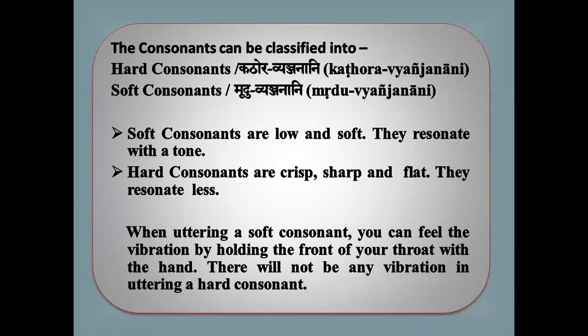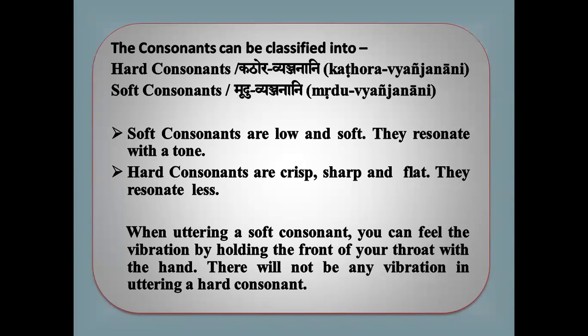Taking the example of the first class, which is kavarga, I'm trying to explain what are soft consonants and hard consonants. The first letter and the second letter of all the class consonants, when you pronounce, there is less vibration, or in fact no vibration at the throat, and they are hard consonants.